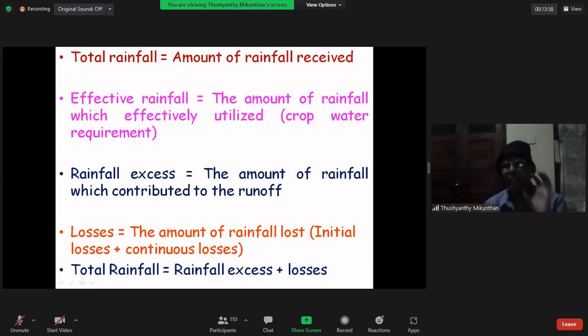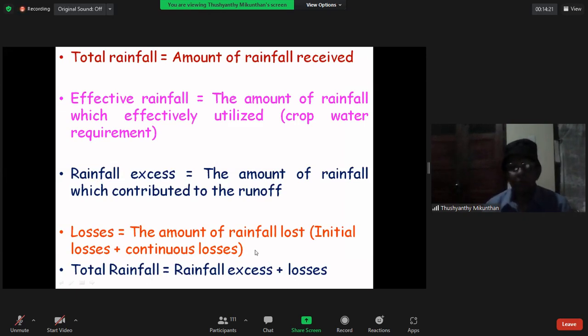The losses mean the amount of rainfall lost in the catchment. 2 types of losses are there: initial loss plus continuous loss. So total rainfall is equal to rainfall excess plus losses.